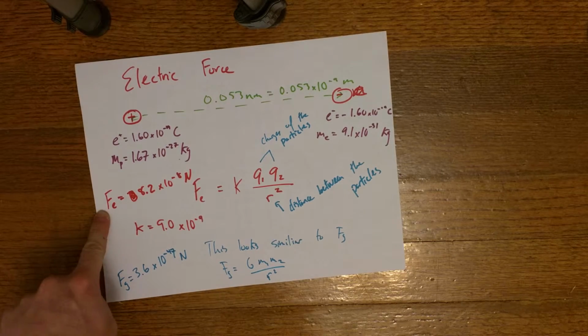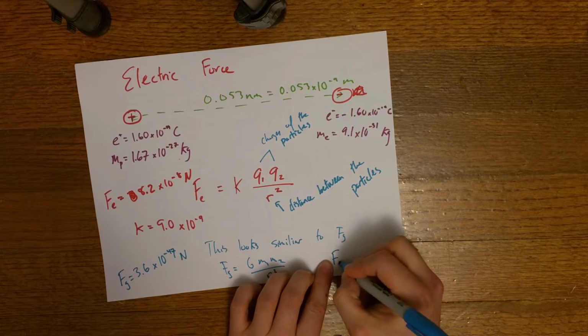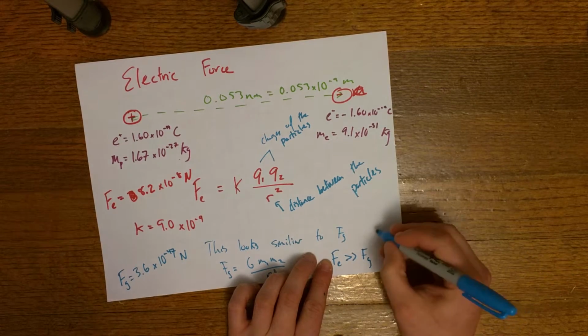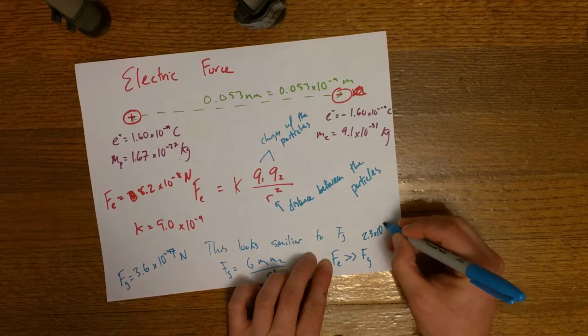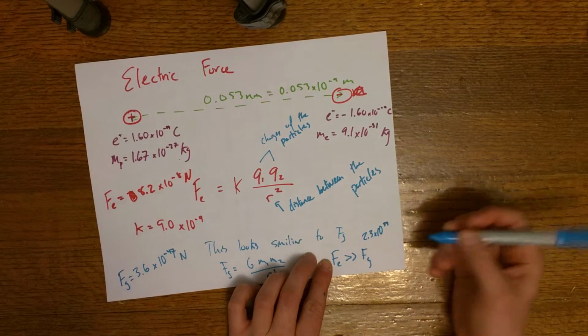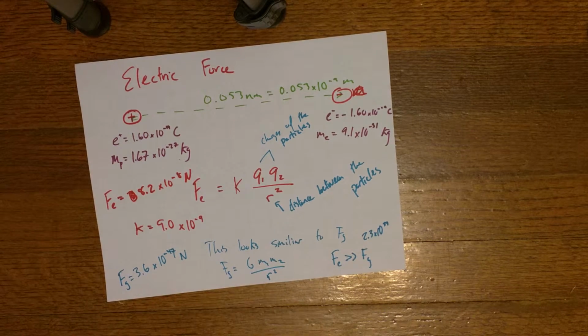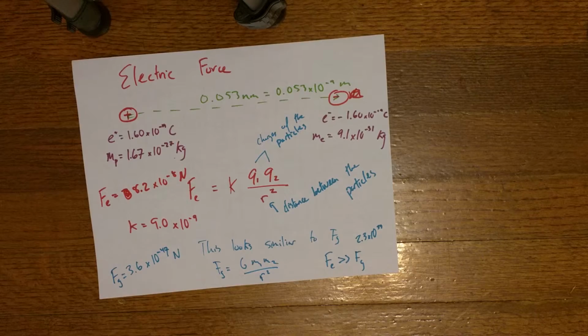So Fe is way bigger than Fg. In fact, it's about 2.3 times 10 to the 39th power larger than Fg. It is enormous compared to Fg. Fg is very, very weak.